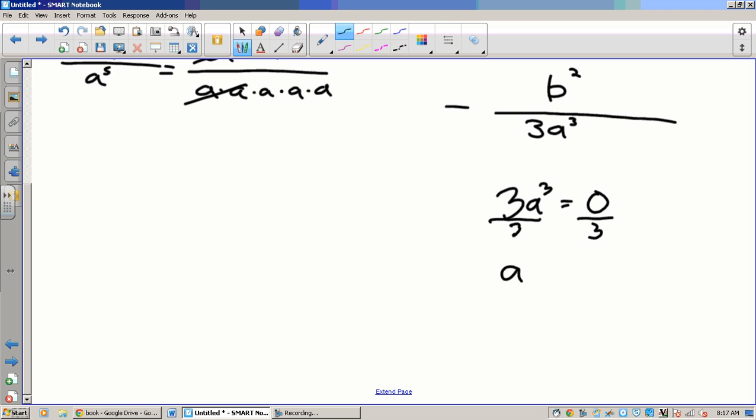A cubed equals 0. And then the cube root of a cubed equals the cube root of 0. Well, what times what equals 0? 0. A equals 0.